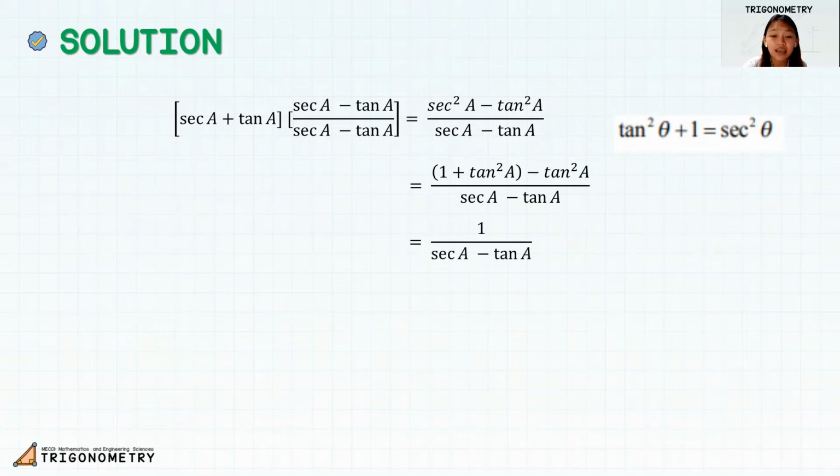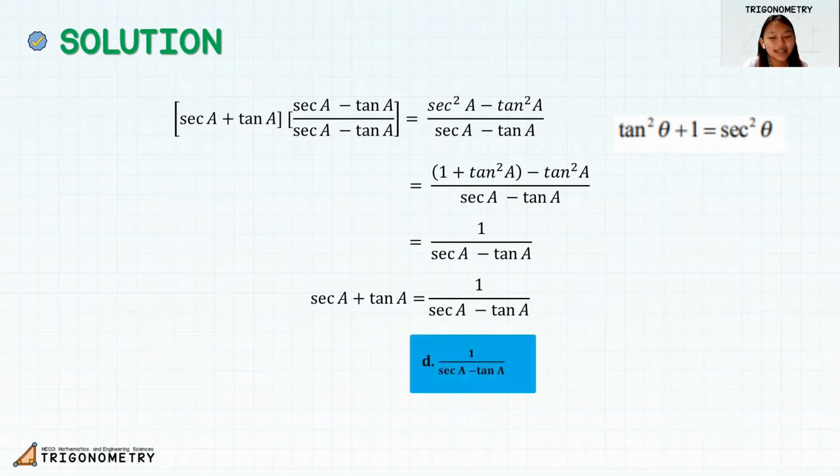Therefore, secant A plus tangent A is identically equal to 1 over secant A minus tangent A, and that answer is found in letter D. That's right. If your answer was D, then you are correct.